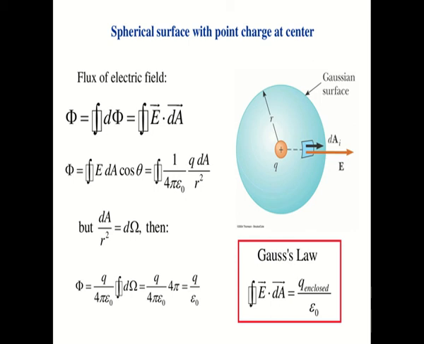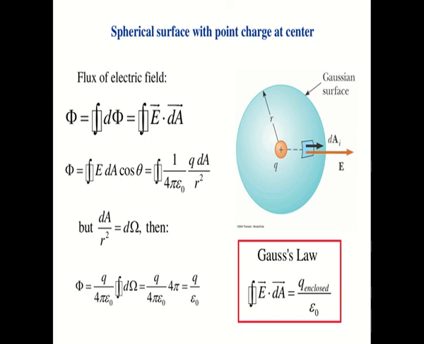So here, from the equation of electric field, E is k q upon r square. k is nothing but 1 upon 4 pi epsilon naught, and dA is the small area vector. So here dA upon r square is equal to d omega, which is the steradian angle.